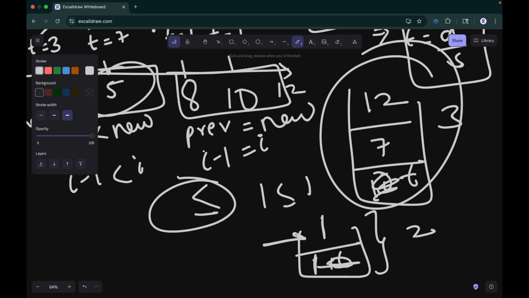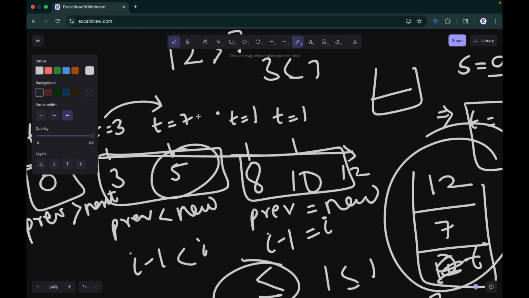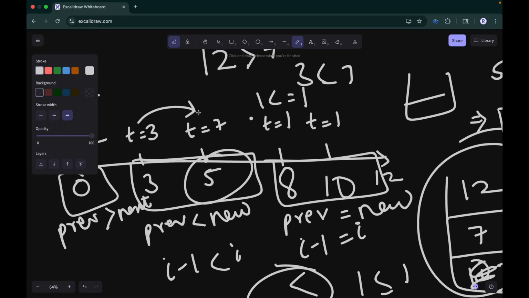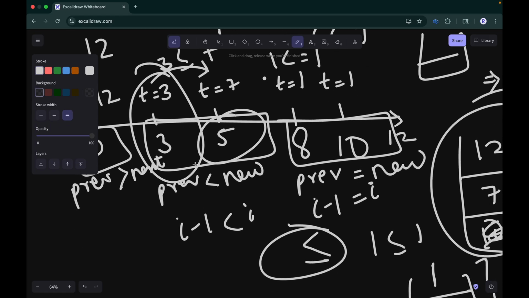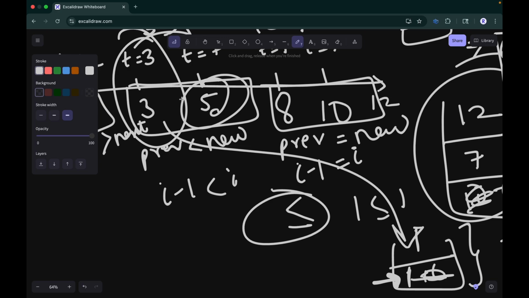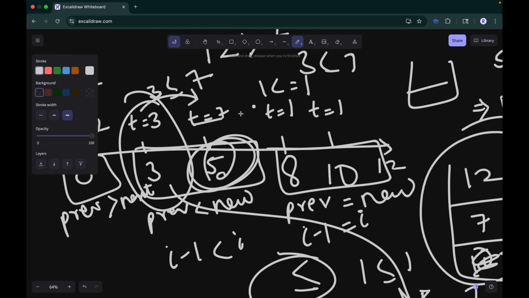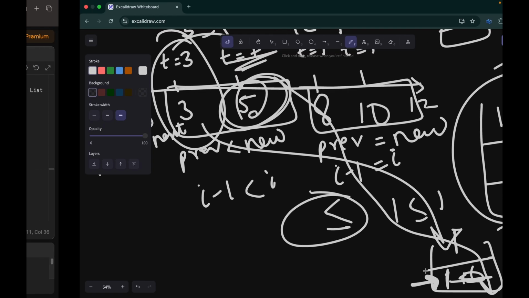If the stack at -1 is less than or equal to stack at -2, correct? Because I want to check that 1 is less than or equal to 1, or I want to check 3 is less than or equal to 7. So 3 is the thing that will be at stack at -1, and this 5 or this 7 is going to be the thing that is present at stack at -2.